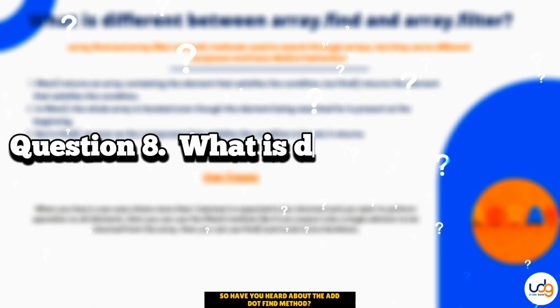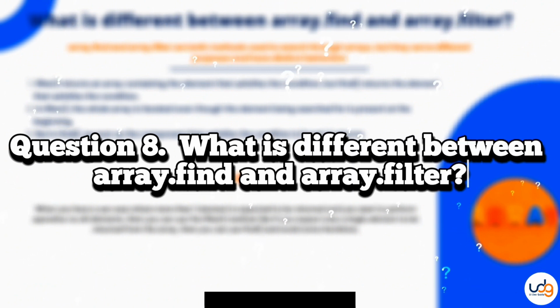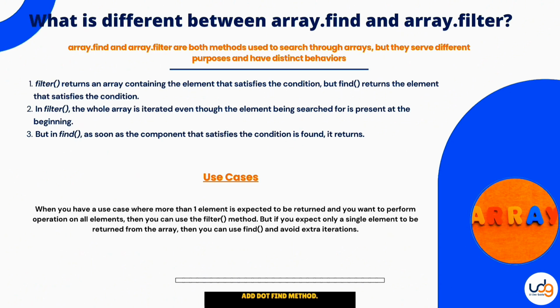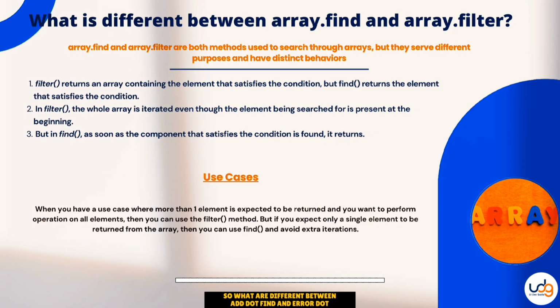Have you heard about the array.find method? Yes. What is the difference between array.find and array.filter? Array.find is used to get a single entity from an array.